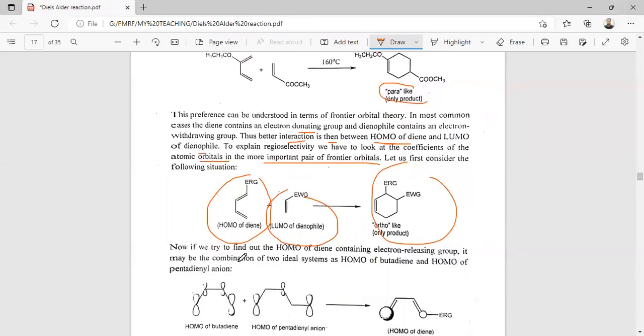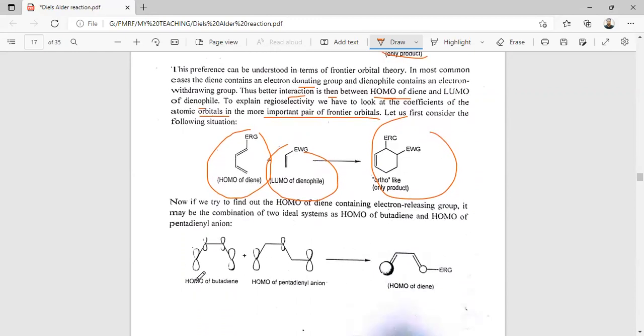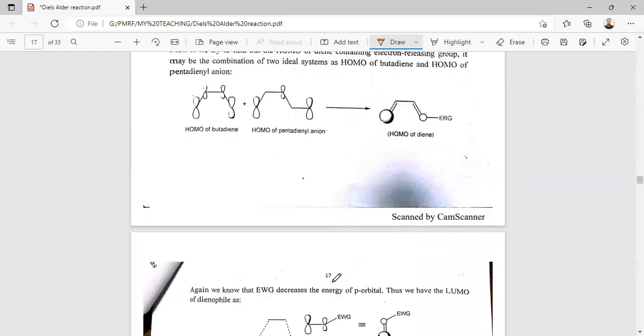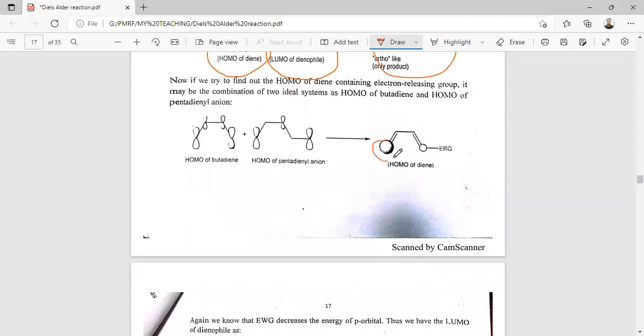Now, if we try to find the HOMO of the diene containing the electron releasing group, it may be a combination of two ideal systems, the HOMO of butadiene and the HOMO of the pentadienyl anion. Here is the HOMO of butadiene and here is the HOMO of the pentadienyl anion. So in the HOMO of the diene, the electron donating group gives a larger orbital contribution on this side.